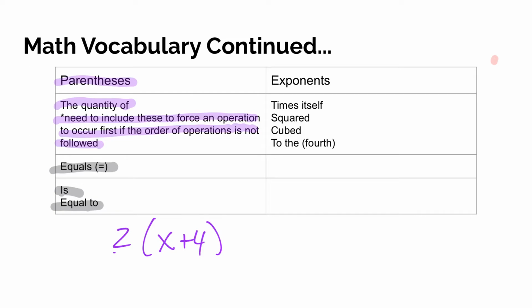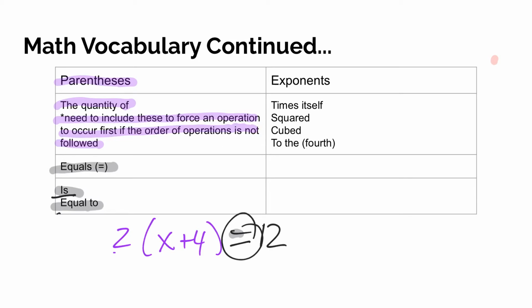So if we're looking for keywords that mean equals, where we have to put our equal sign, we could say is. So 2 times the quantity of x plus 4 is 12. That's the equal sign or the words equal to.